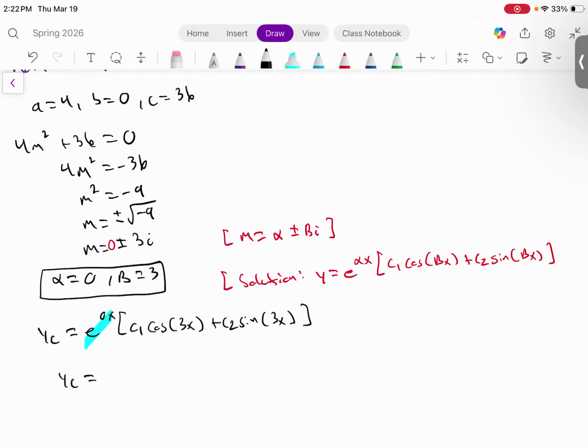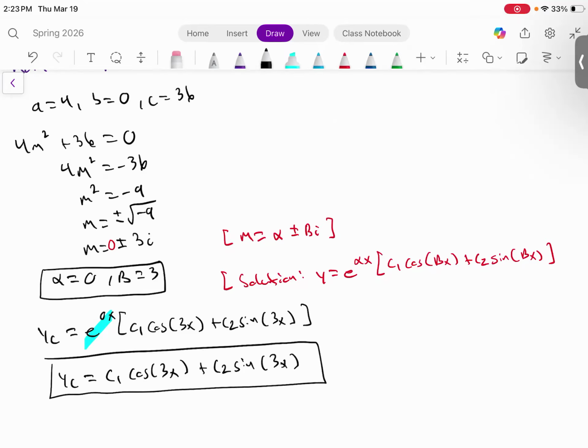So my complementary solution is just c1 cosine 3x plus c2 sine 3x. Okay, so that is my complementary solution.